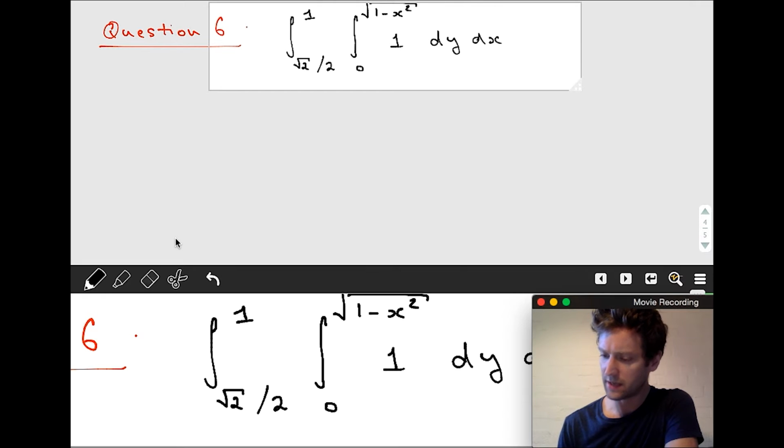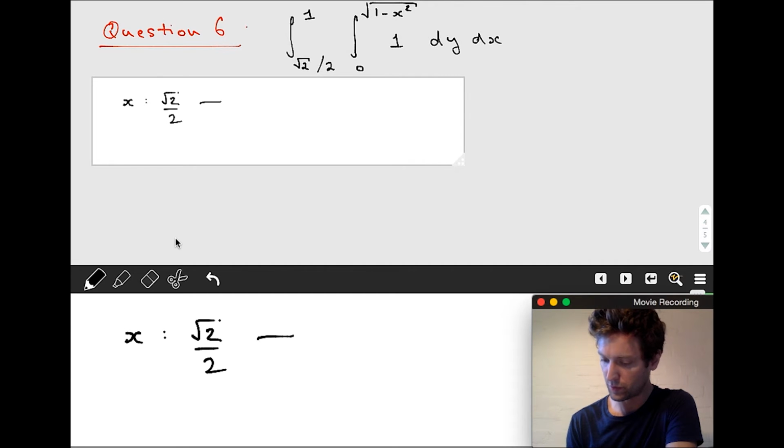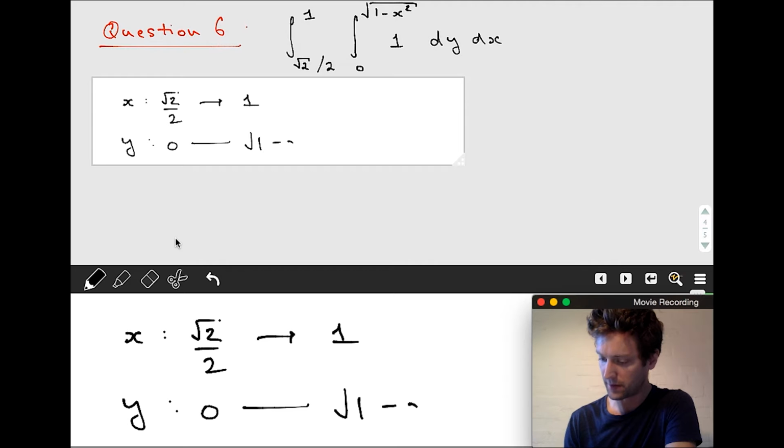So let's take a look at these limits of integration and try and work out from this what the corresponding region of integration is. So the outer integral we notice is x going from the square root of 2 over 2 to 1. And y going from 0 to the square root of 1 minus x squared.